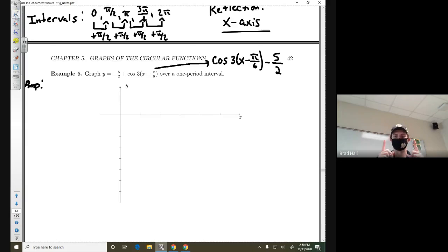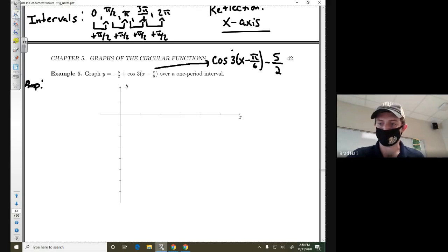All I did was just switch the trig function and the number in the very front. Because a lot of people will think that -5/2 is the amplitude. It's not, because it is actually subtracting the graph, even if it says plus. And they already factored out the 3 for us, so that was nice of them.